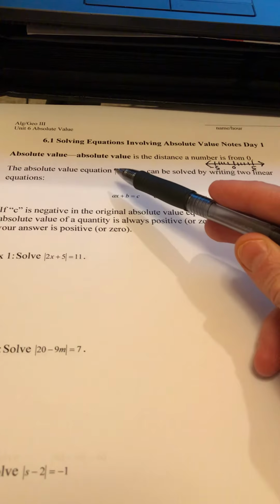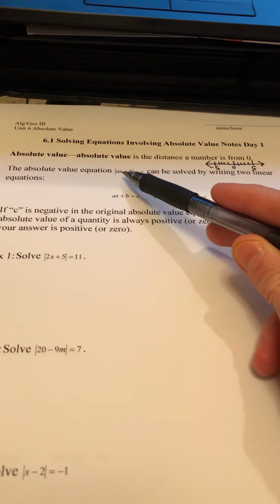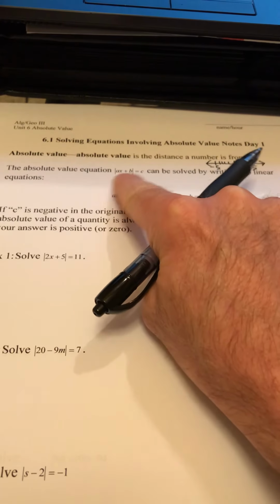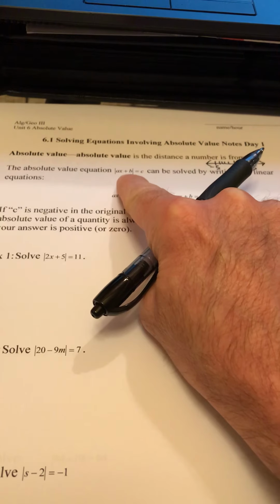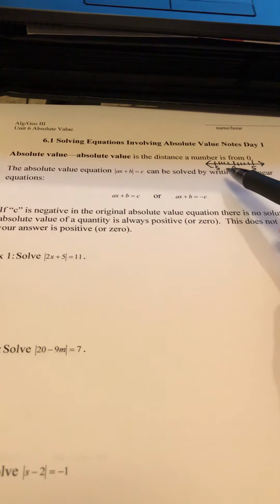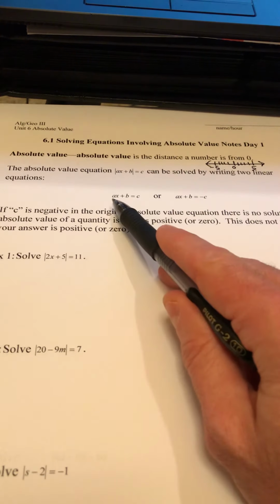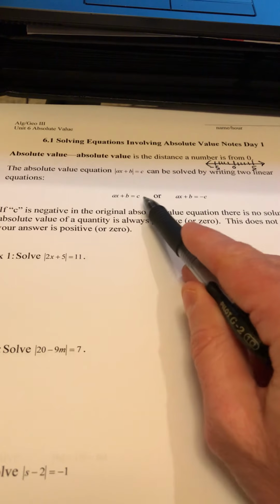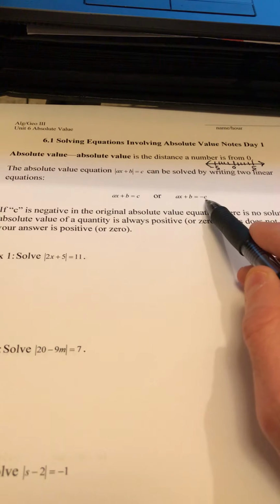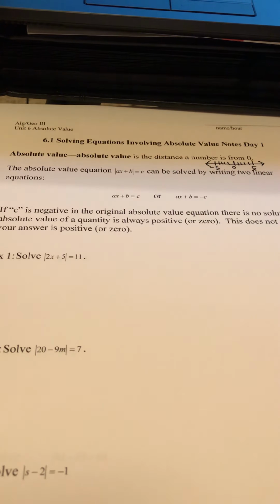Now, if you have an absolute value equation, where absolute value is represented by two bars around an expression, where we have |ax + b| = c, there will usually be 2 solutions. We have to solve ax + b = c, or ax + b = -c.